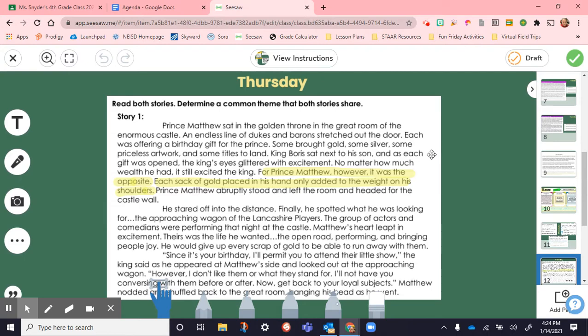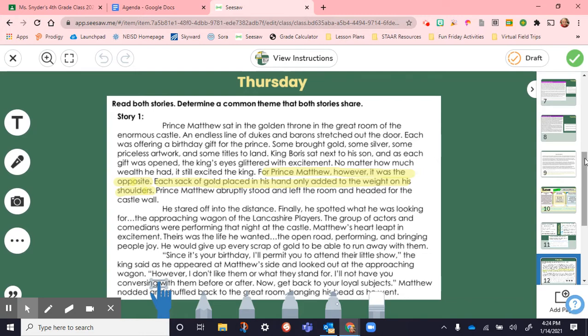So today we read two stories, and we saw that there was a common theme that both of these stories were sharing. So, story one, I'll let you read that. It's about Prince Matthew. And Prince Matthew, he's got this kingdom. It's his birthday. They're all giving him all these riches and golds and all this stuff, but it's not really what he wants. It doesn't make him happy.